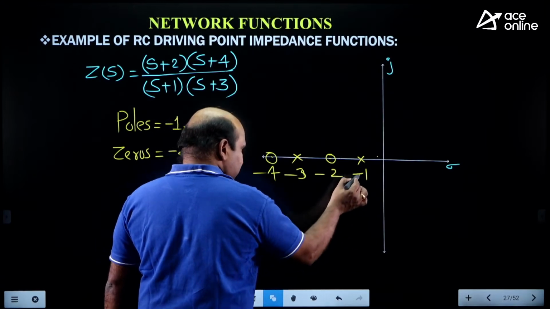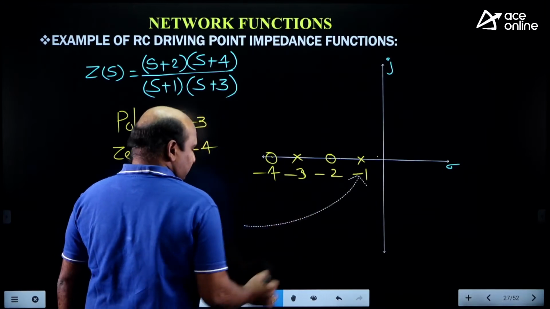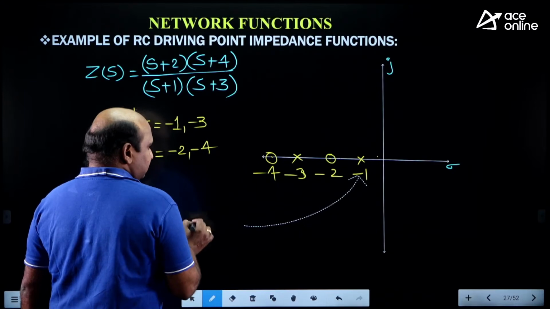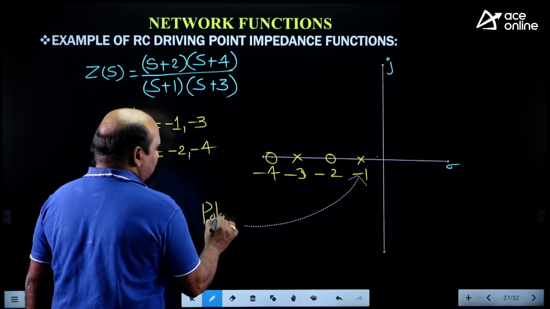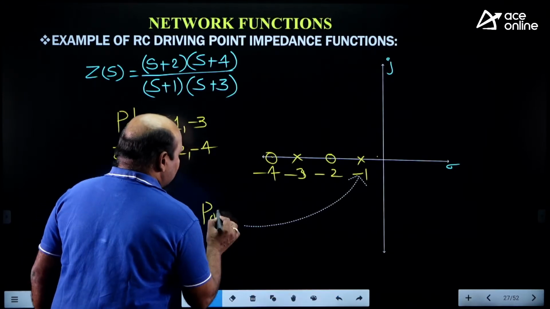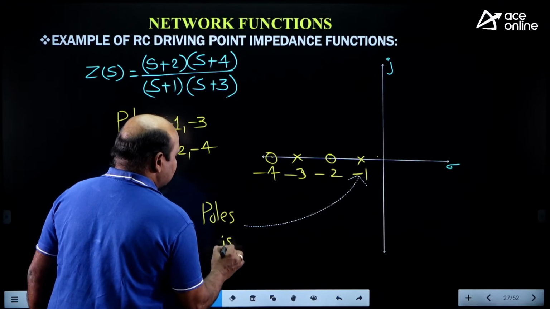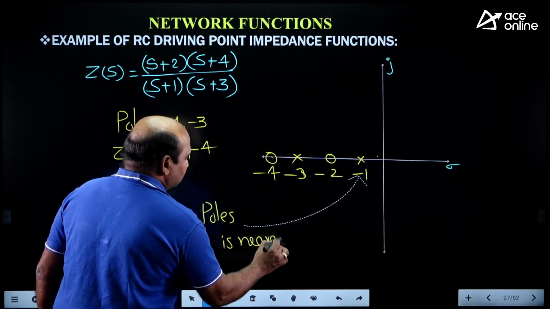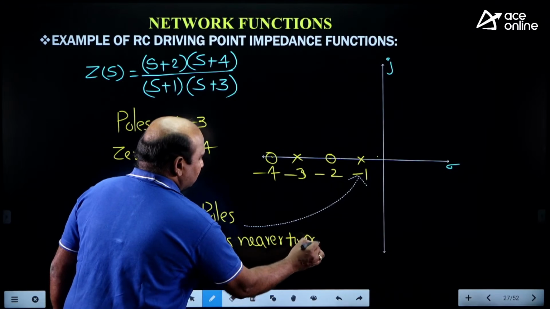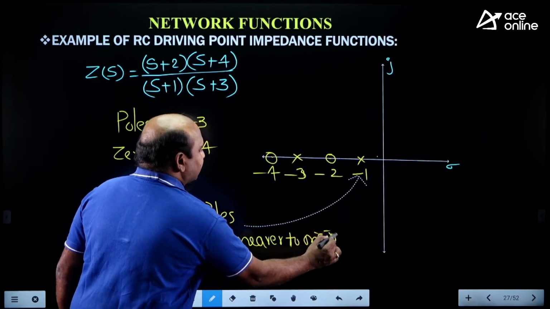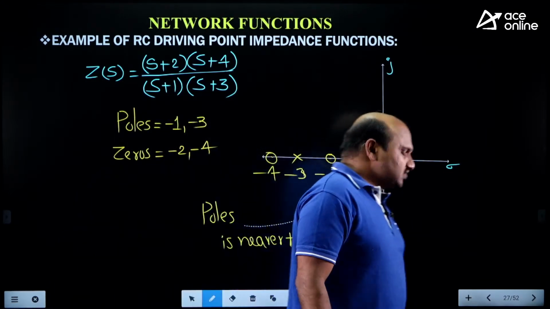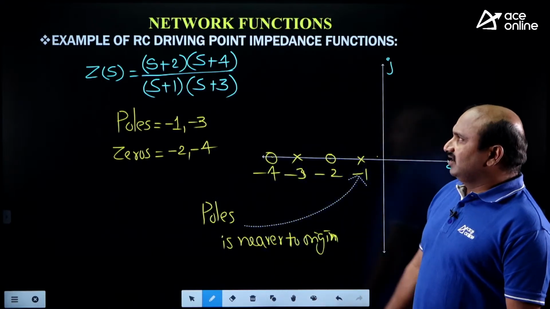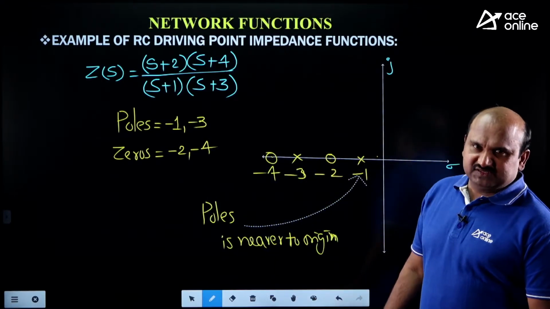Here nearer to origin is what? Pole. No? That's why this is pole nearer to origin. According to that, I can take it. Is it right? Based on that, we will consider that for RC driving point impedance function.